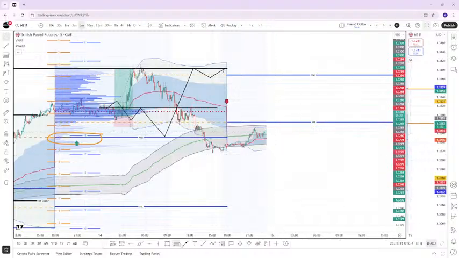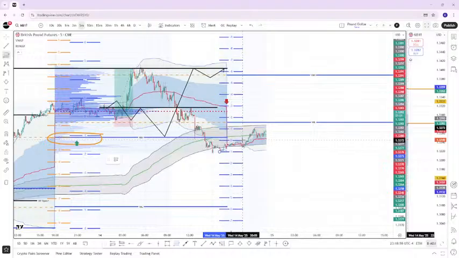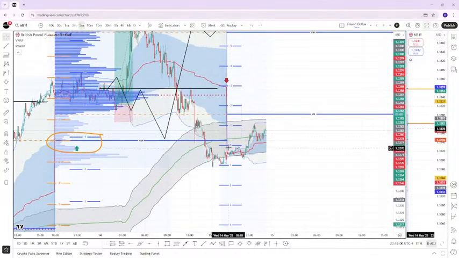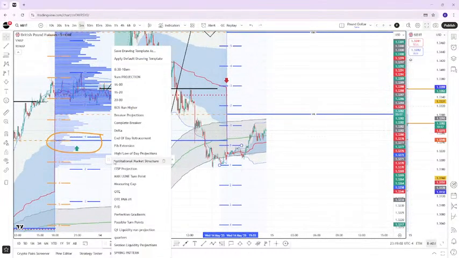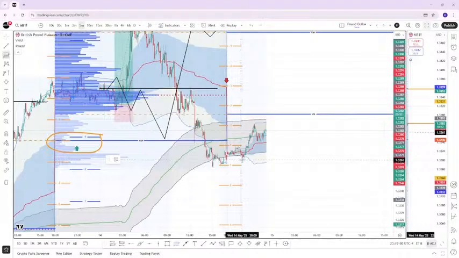I'm gonna draw out my projection levels. 6 to 8, and then 8 till midnight should be here.